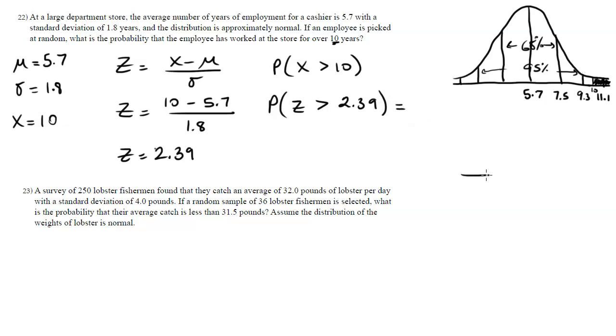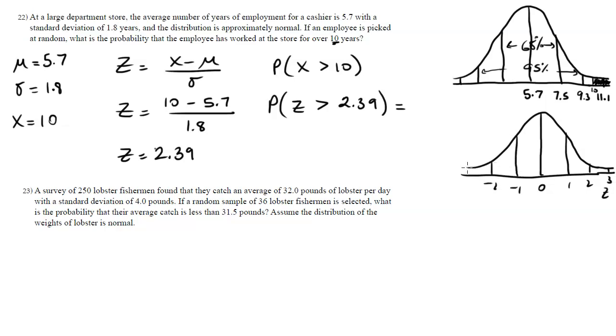So, in the same way as here, if I'm using Z values now, the mean is 0, 1 standard deviation above, 2 standard deviations above, 3. 1 below, 2 below, 3 below. So I'm at about 2.39, I'm here. So I want this area.